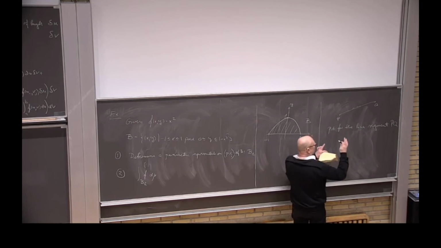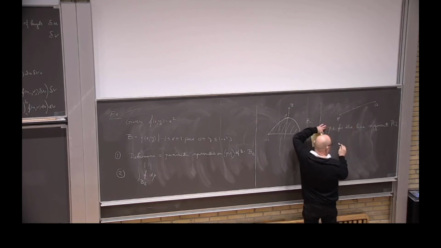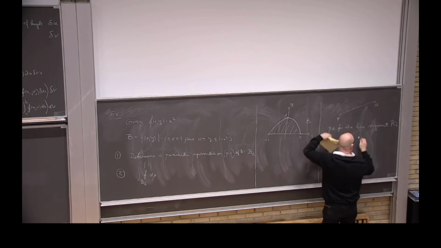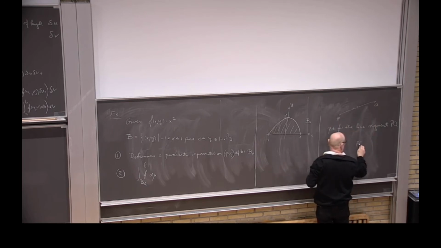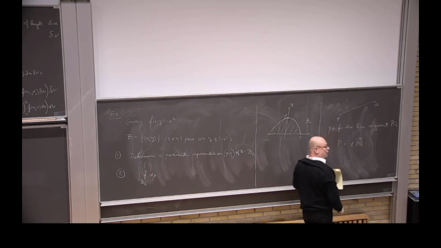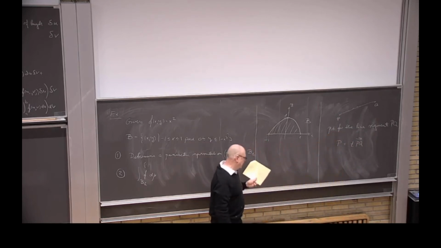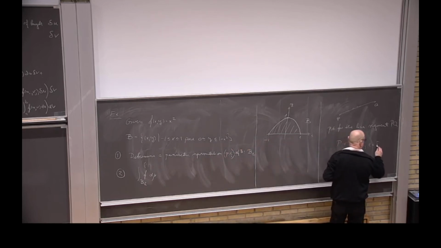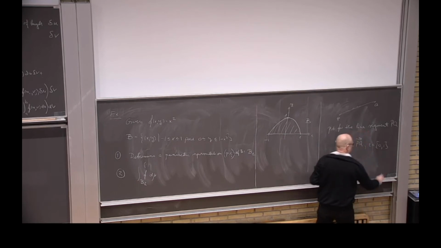You start with the starting point, then you take this direction vector, and then you multiply by your parameter. And the parameter belongs to the interval from 0 to 1.